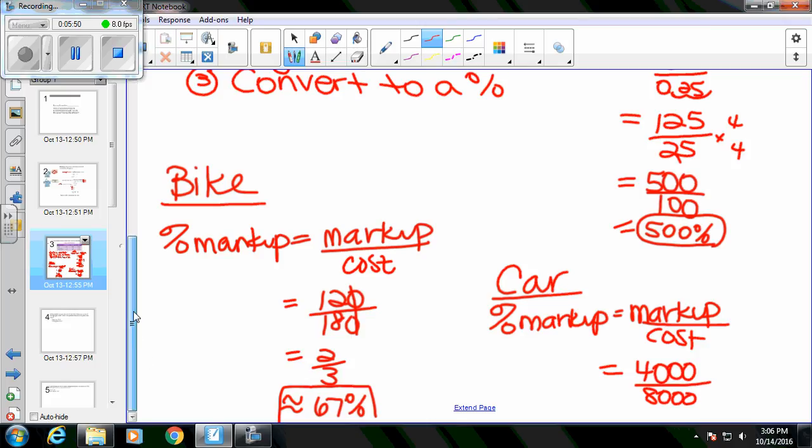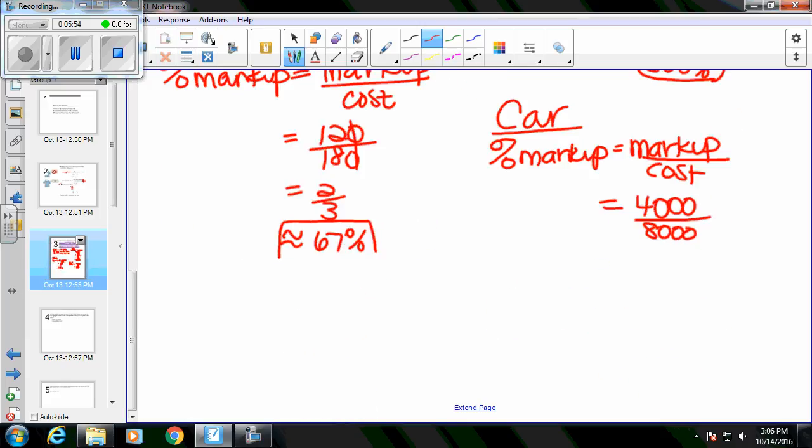We know that simplifies to 1/2, which we all know is 50%. Okay? So that's a basic example of percent markup.